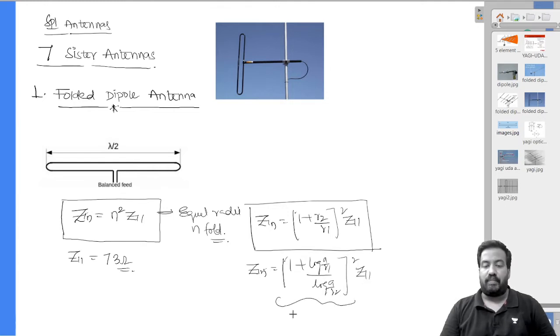This is called the impedance transformation ratio. Clear?